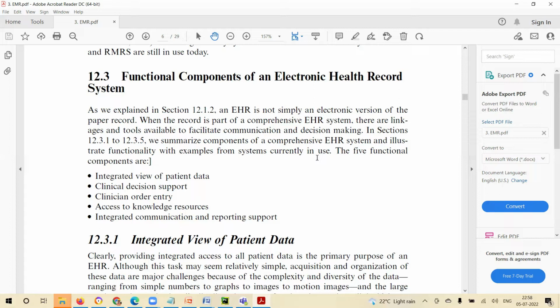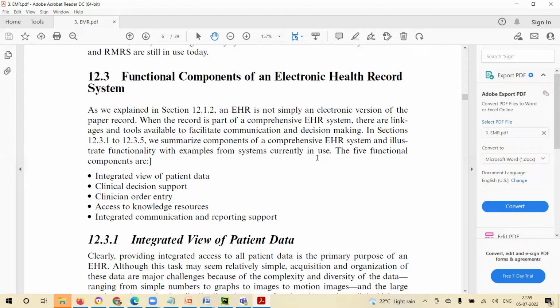Now, based on whichever form or whichever treatment you are doing, say you are performing BT, blood test, the blood test form will come up. That's called order entry. So the order entry, what all should be added, will come up.